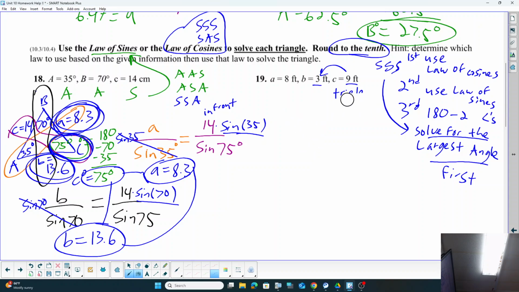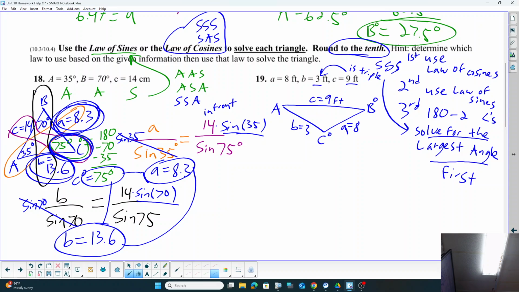It's going to be obtuse because 9 is triple the 3. So we're going to draw an obtuse angle there. We'll call that big C, which across from that is 9 feet. And then it doesn't matter the other two, angle A, little a, is 8. And then little b is across from big B, which is 3.